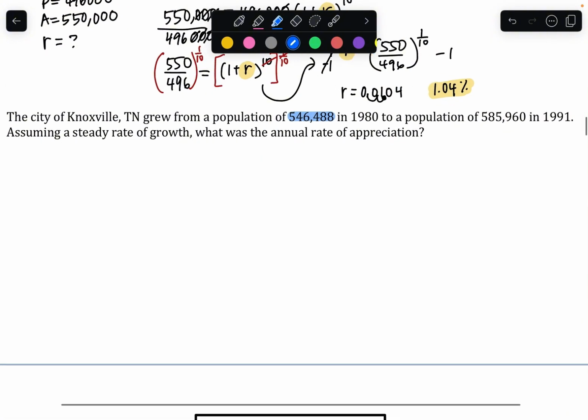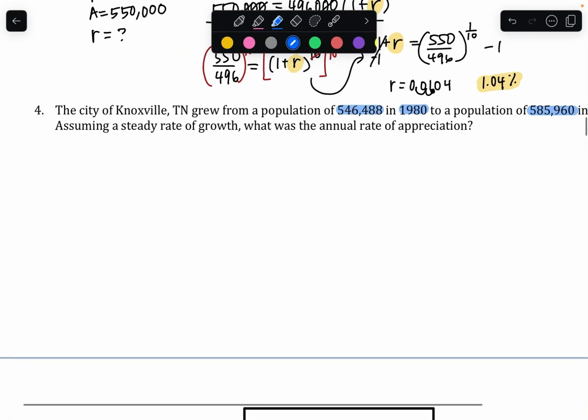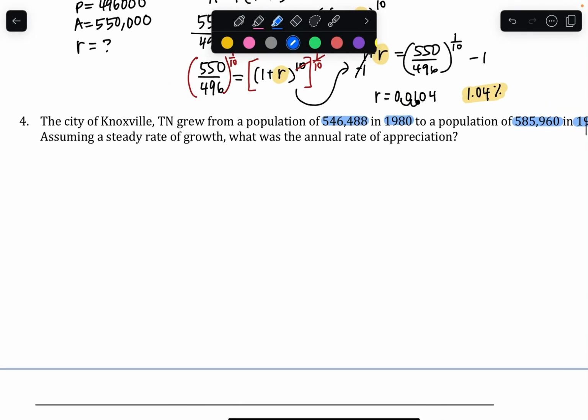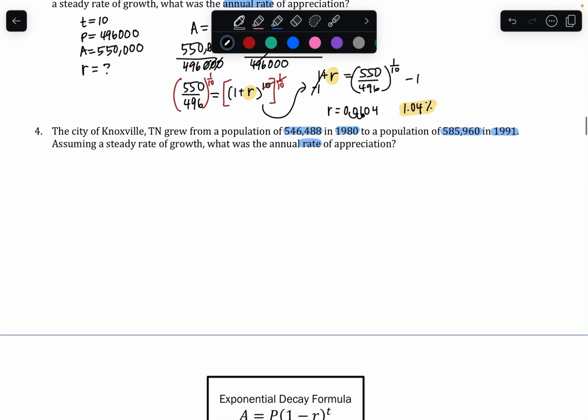All right, last example, the city of Knoxville, Tennessee grew from a population of 546,488 in 1980 to a population of 585,960 in 1991. Okay, assuming a steady rate of growth, what is the annual rate of appreciation? So once again, we're looking for that R value. Okay, so let's write down what we know. The present value was 546,488.